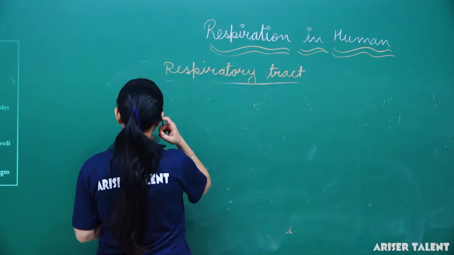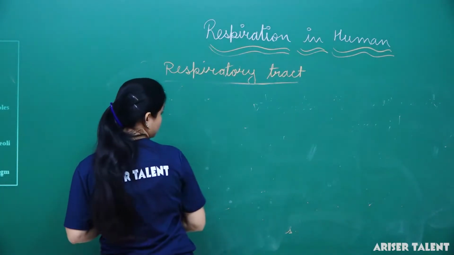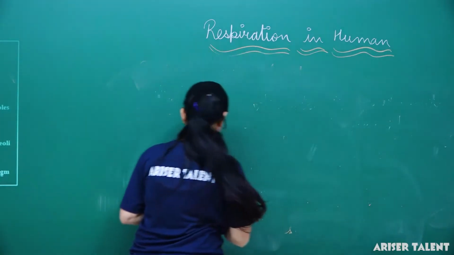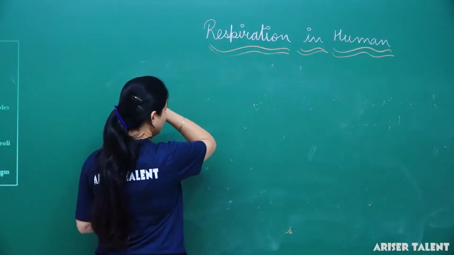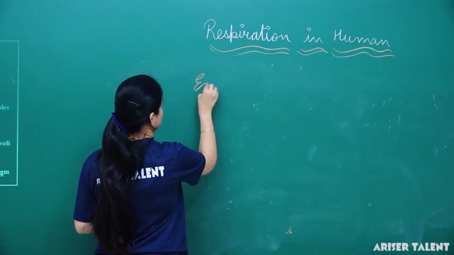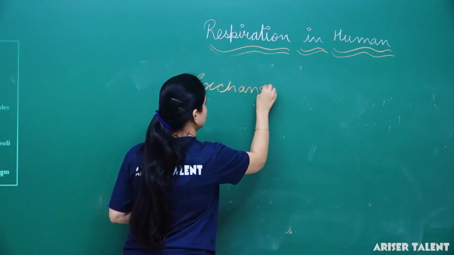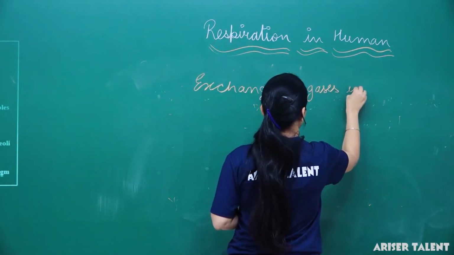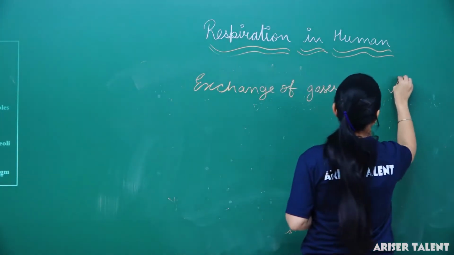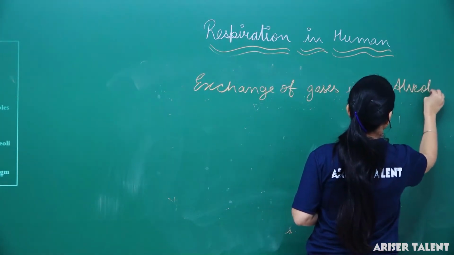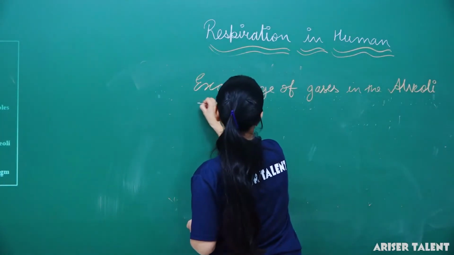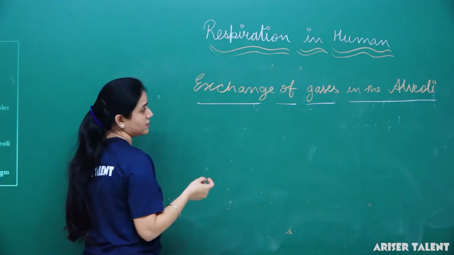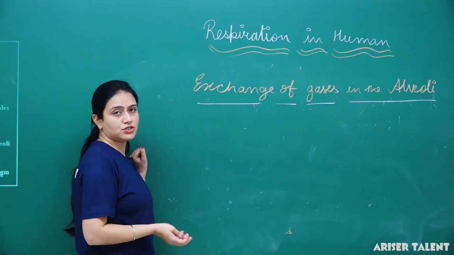Exchange of gases in the alveoli. As I told you, that was the tract of the respiratory system. Now exchange of gases in the alveoli. As I told you, the alveoli is the main site of exchange of gases.